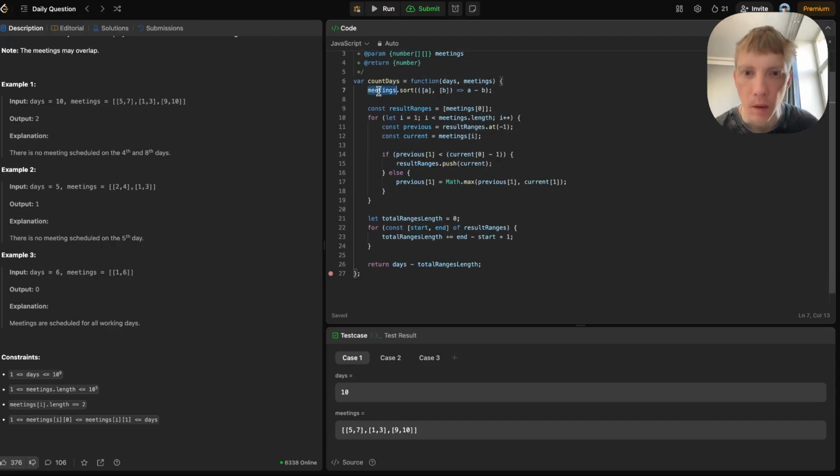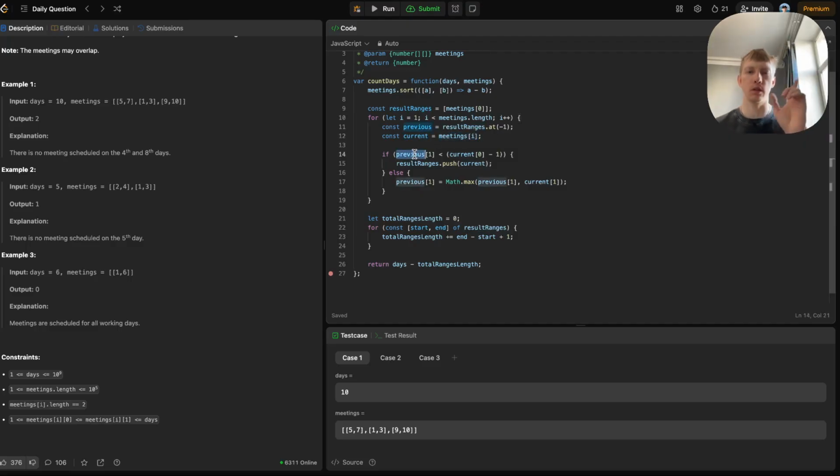Okay, meetings sort A, B, A minus B should work. Result ranges is an array. Meetings I, meetings length. Previous would be ranges at -1. Current would be meetings I, which is okay.